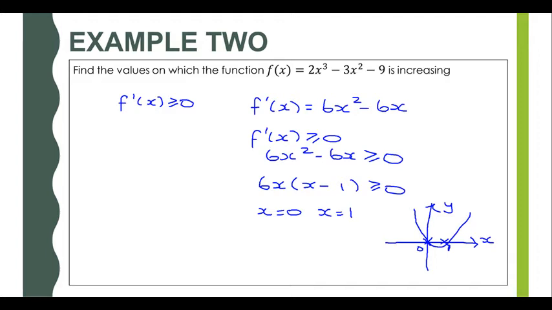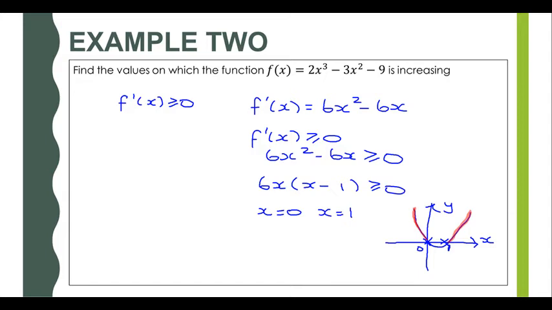And then we need to identify the area that we want. We want the part where our graph 6x squared minus 6x is greater or equal to 0. So everything above the x-axis. So we want these two sections of our graph.